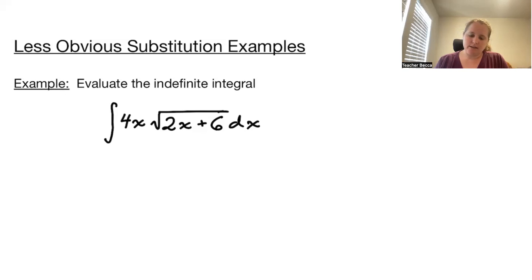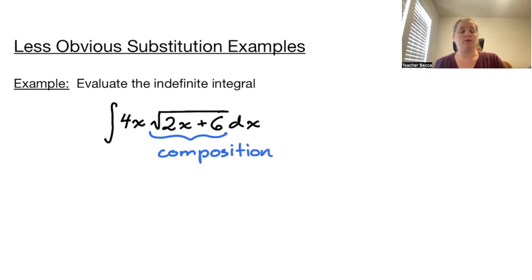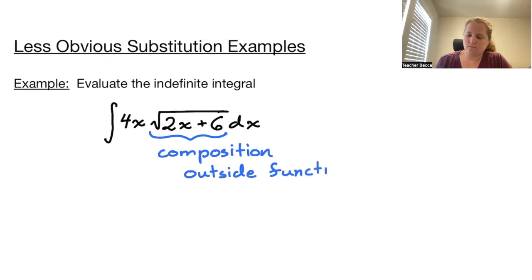So in this case, we do have a composition. Our outside function would be the square root, and our inside function is that 2x plus 6.